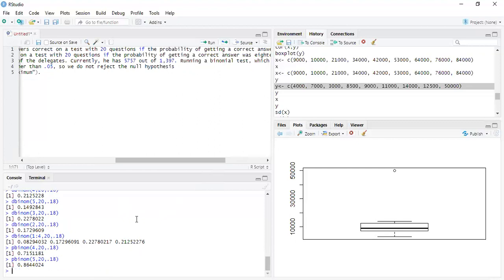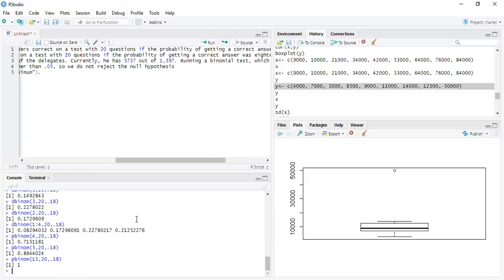There's a pretty high likelihood that you're going to get at least 1 through 5 correct answers on a test of 20 questions. But then what's 15? There's a perfect chance that you're going to get at least 15, 1 through 15 correct.